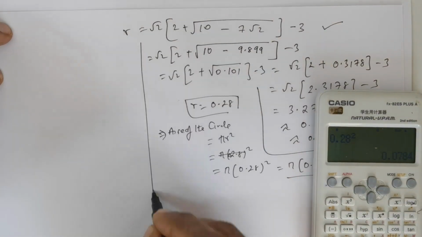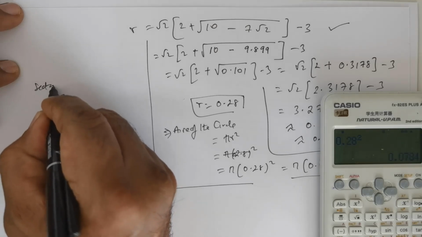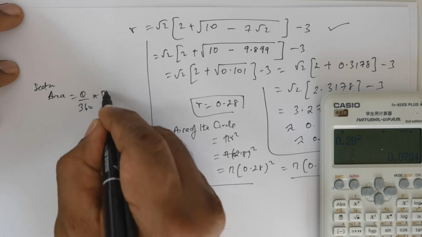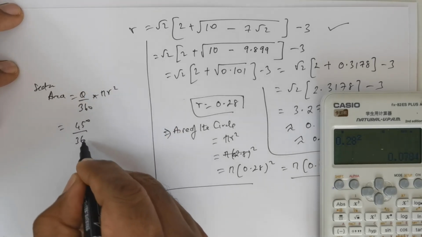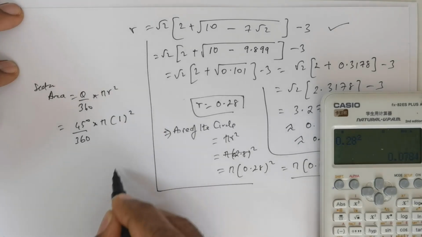So now I'm going to calculate the area. Sector area is theta divided by 360 times pi into r squared. My theta is 45 degrees divided by 360. My radius is 1 unit.